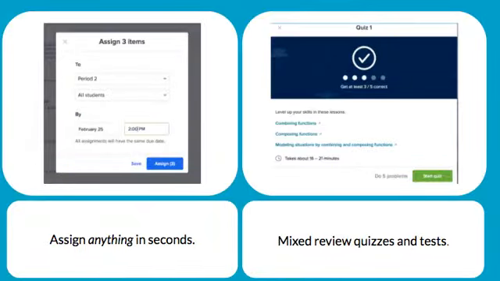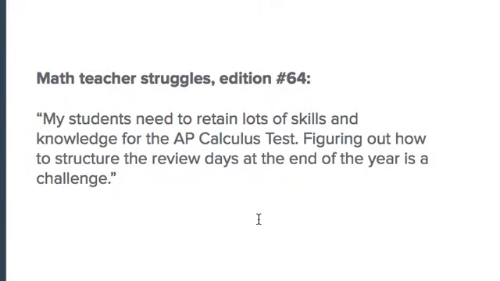Some of the struggles Khan Academy can address: a teacher might say, my students need to retain a lot of skills and knowledge for the AP Calculus test, and figuring out how to structure the review days at the end of the year is a challenge. This gives you a way to give students individualized focus on the topics that they need. If they've already mastered concepts, they don't need to revisit them. They're just looking at the concepts that they still need to master.